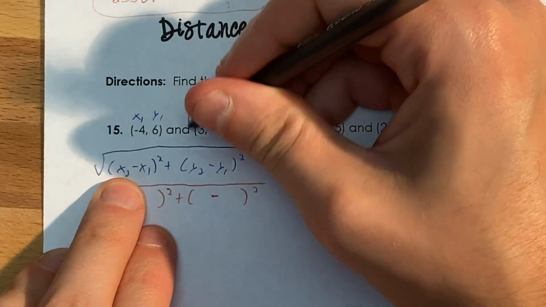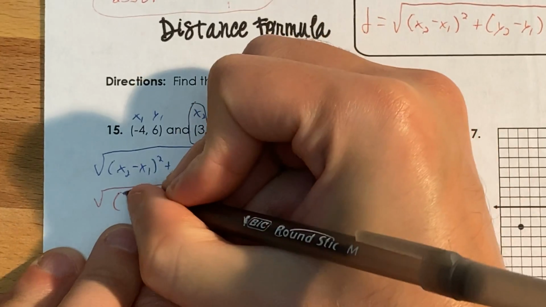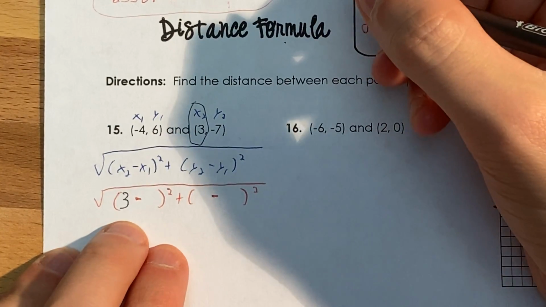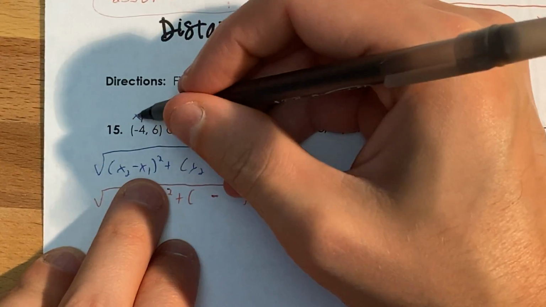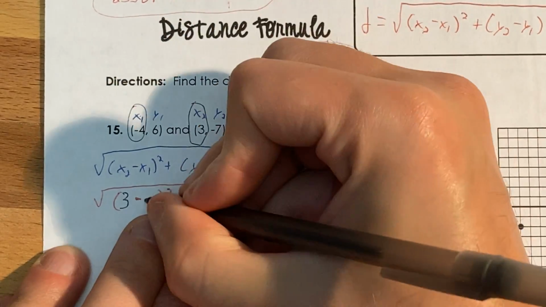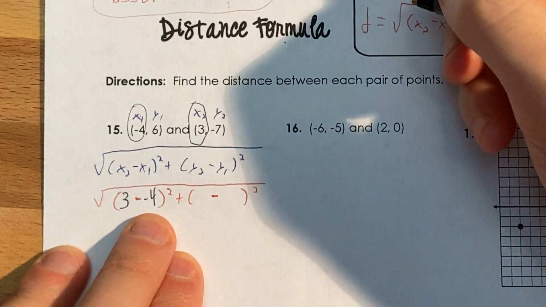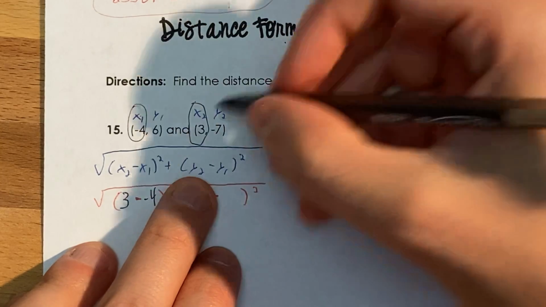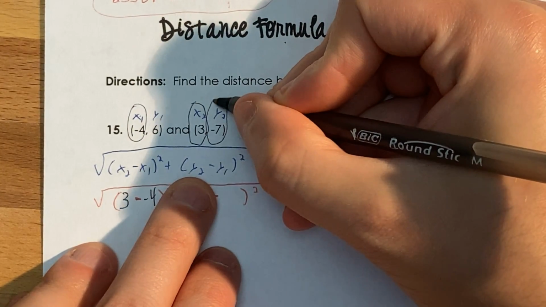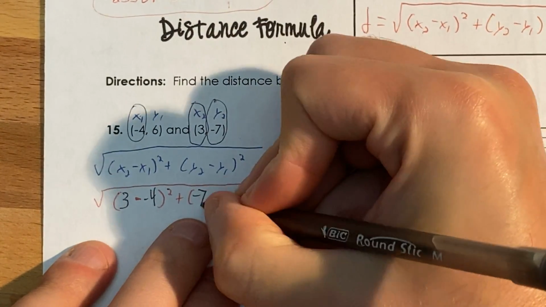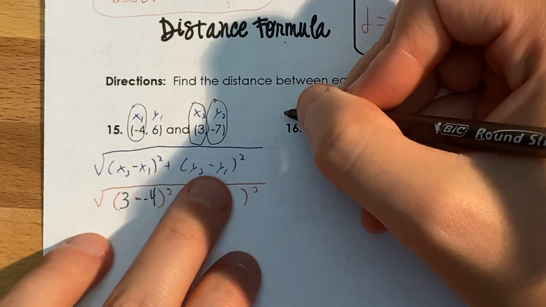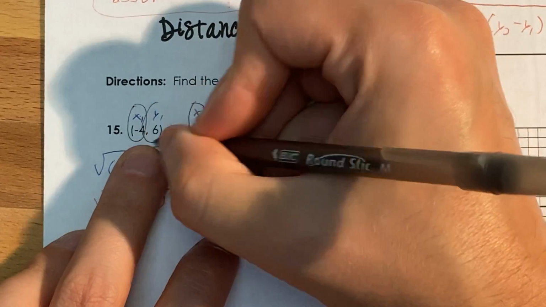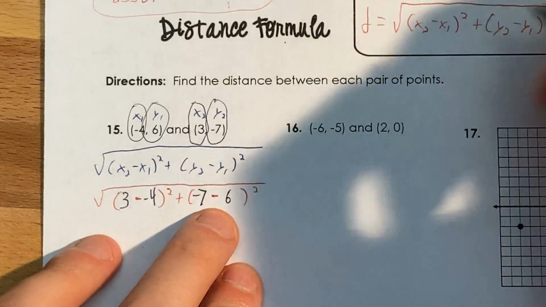So x2 is 3, x1 is -4, y2 is -7, y1 is 6.